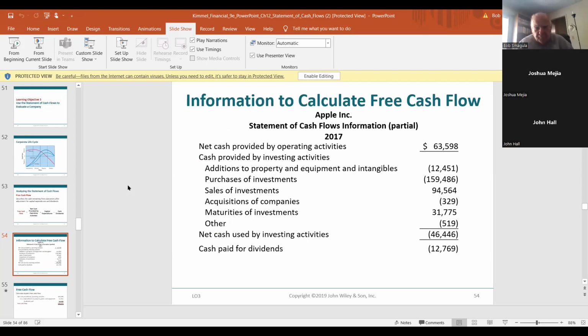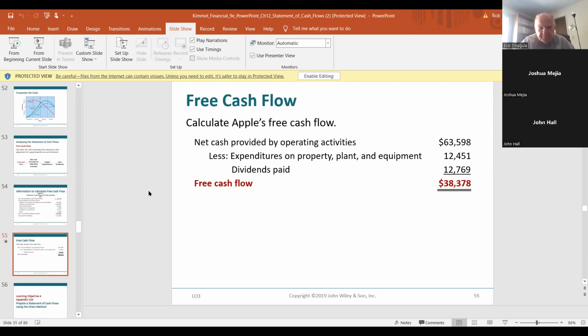Information to calculate free cash flow. Here we go. Cash flow provided by operating activity. And they're giving you some different things here. So the cash flow provided by operating, less the expenditures on property, plant, and equipment, and the dividends paid.